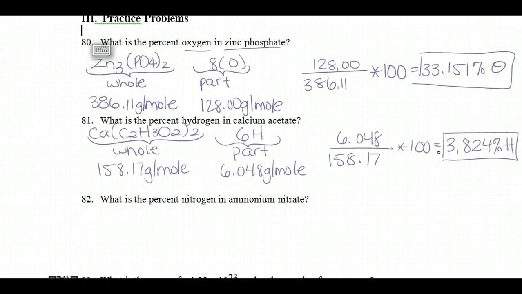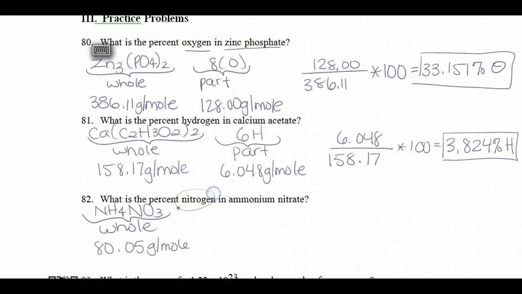All right. Then for number 82, ammonium nitrate. That's going to be our whole. Calculating the molar mass of that, we get 80.05 grams per mole. Then for the ammonium, let's see, we want to know the percent nitrogen.